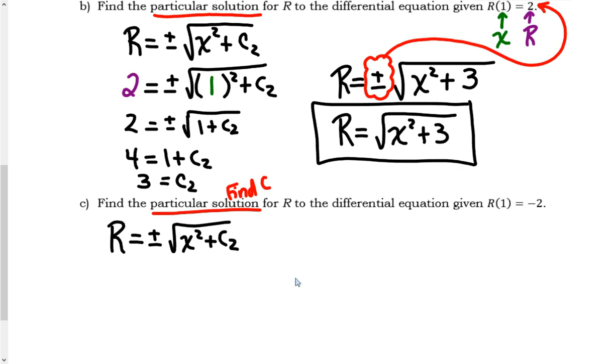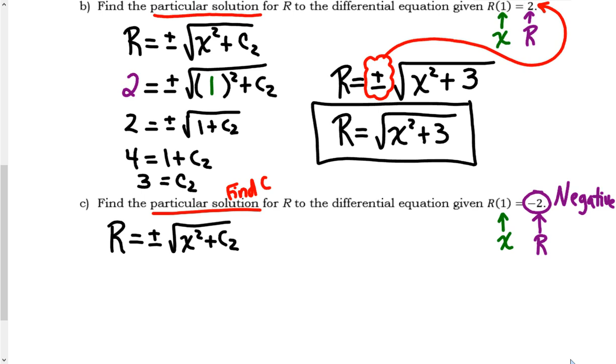And now it looks like we have new values of R and X. So this 1 is my X, and this -2, that's my R. So we can see the slight difference. This 2 right here is negative. Guess what? That tells me immediately that I will have the negative sign in front of the square root when I have my final answer.